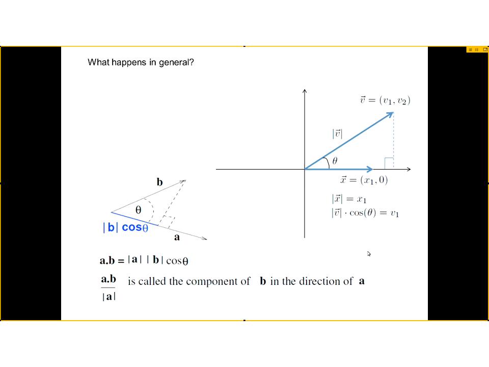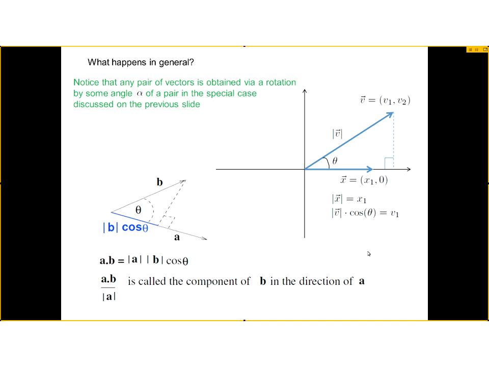So what happens in general? Notice that the pair of vectors is obtained via a rotation by some angle alpha of a pair of vectors in the special case discussed on the previous slide.